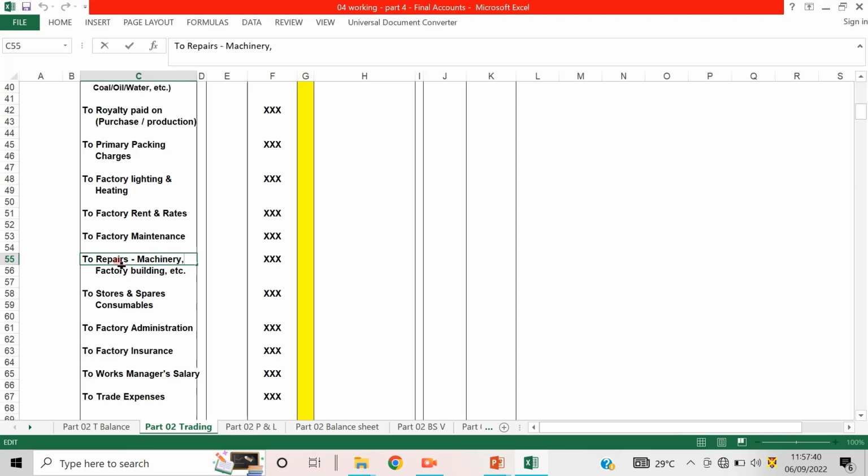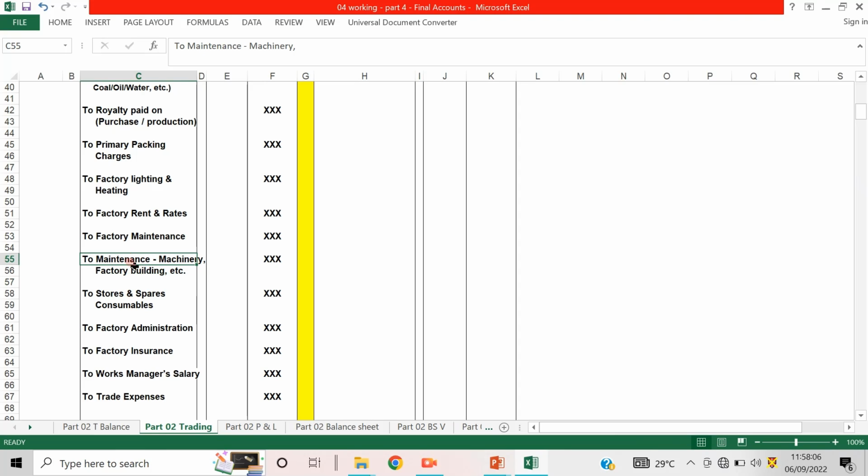This is minor repairs, or we call it a maintenance. It is not a repair.